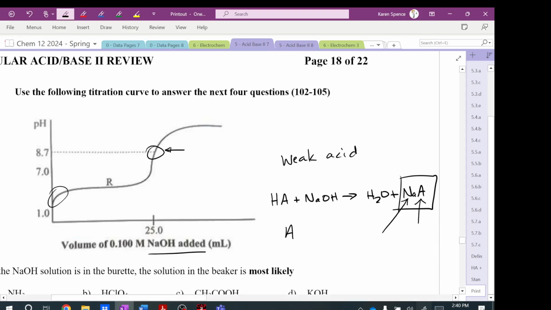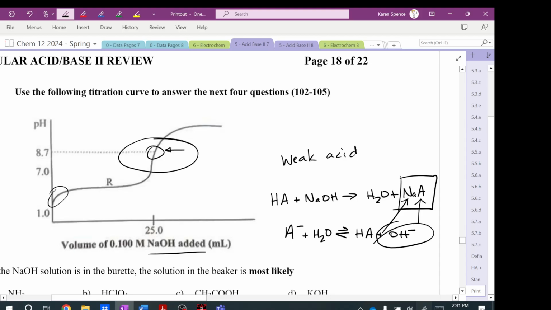So A minus will undergo hydrolysis. You could also just look and say, oh, it must be basic hydrolysis because my pH at the equivalence point is basic. But you could also say, okay, well, if this undergoes hydrolysis, it will become HA plus OH minus. Oh, look, basic.